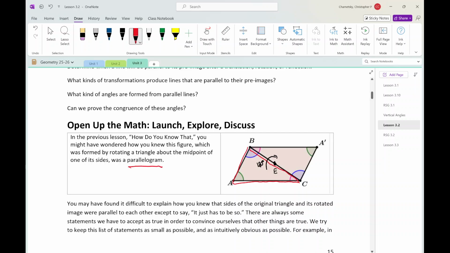How do I know that AC is going to line up parallel when we rotate it 180 degrees? It seems like it would, but we need some more general rules for our transformations.